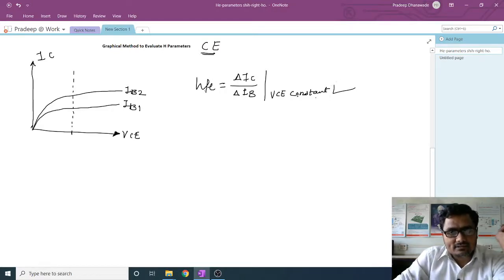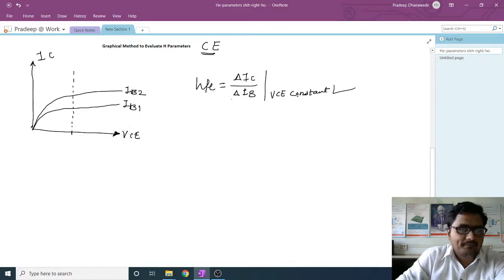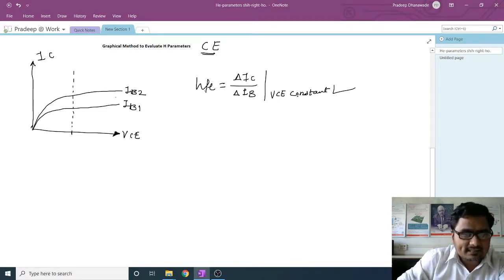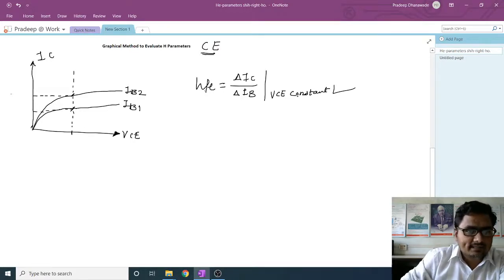Now as VCE is constant, turn towards change in IC and change in IB. Now where this line cuts your graph, somewhere here, another is here. Now plot those points on the y-axis, that is IC. Look at what I am doing. Now this is my IC2 and this is my IC1.